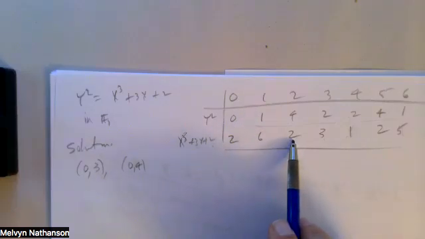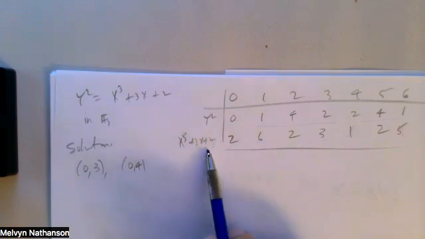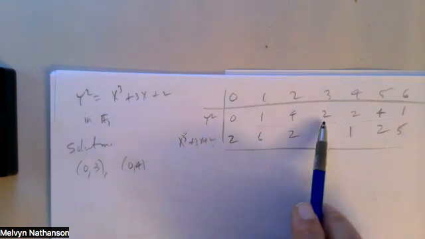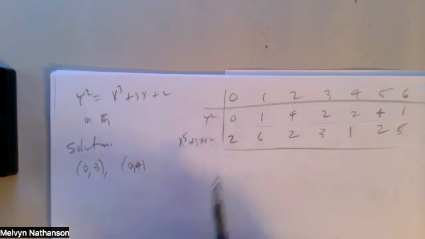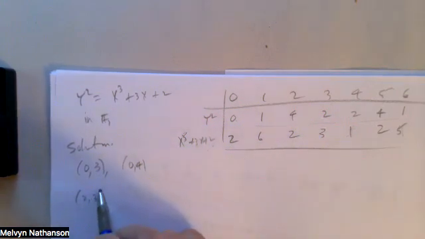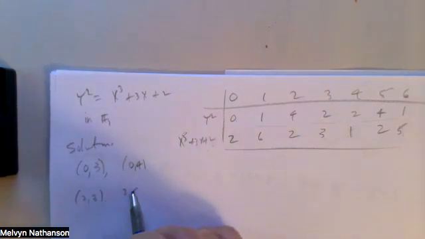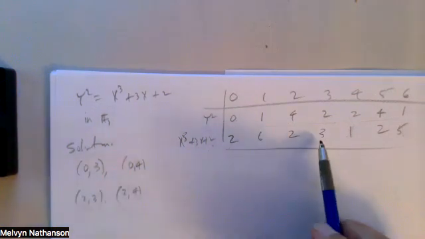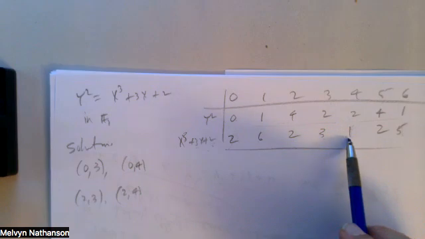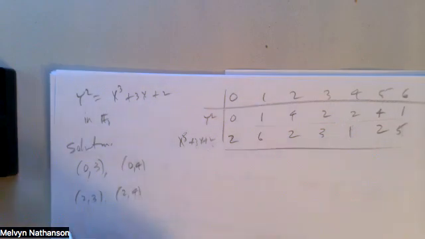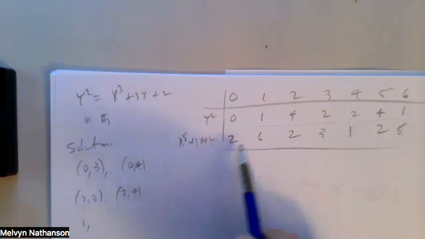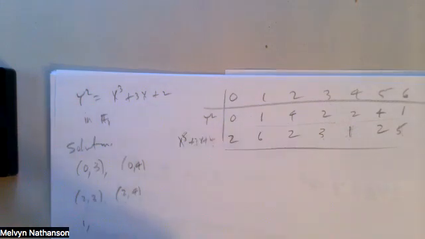When x is 2, the right-hand side is 2. The left-hand side can be 3 or 4. So I could have (2, 3) or (2, 4). There's no y squared equal to 3. The right-hand side 1 occurs when y squared is equal to 1. So when x is 4, y could be 1 or 6.